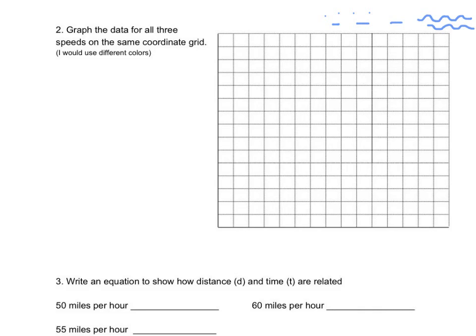So from the first column, we had 0, 0. We had 1, 50, 2, 100, 3, 1.